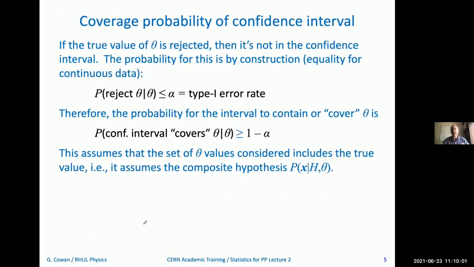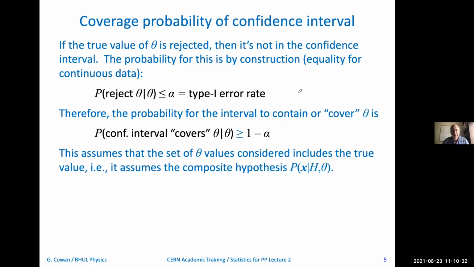All right, so now let me mention what is a very important property of confidence intervals, perhaps the quintessential property, and that is what is called the coverage or coverage probability. The idea is the following. Somewhere in this parameter space is nature's true value, we hope, right? And let's suppose that the true value is rejected.